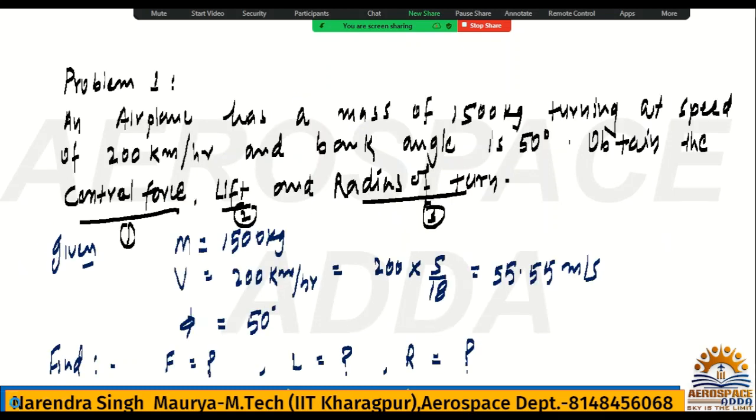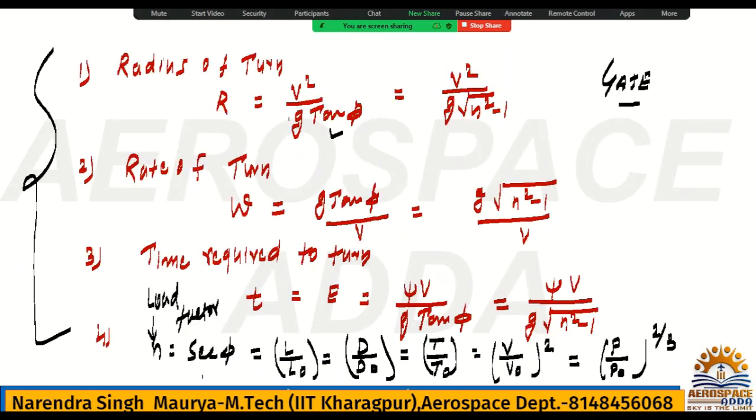Check here. Basically, the time required to turn, t, they have given to us, psi they have given to us, v they have given to us, but this v is what? Turning velocity.